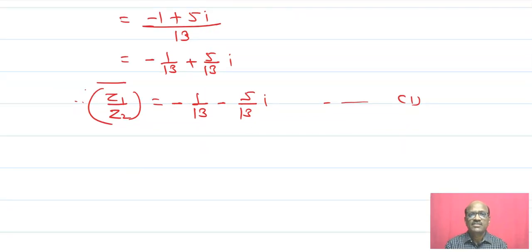Therefore z1 bar upon z2 bar is minus 1 upon 13 minus 5i upon 13.